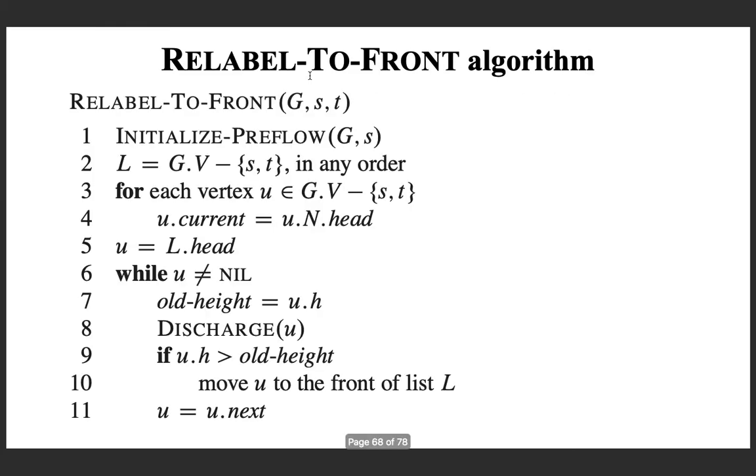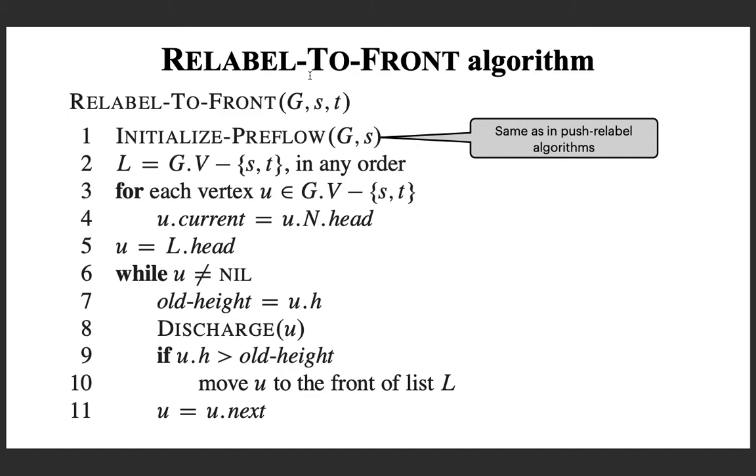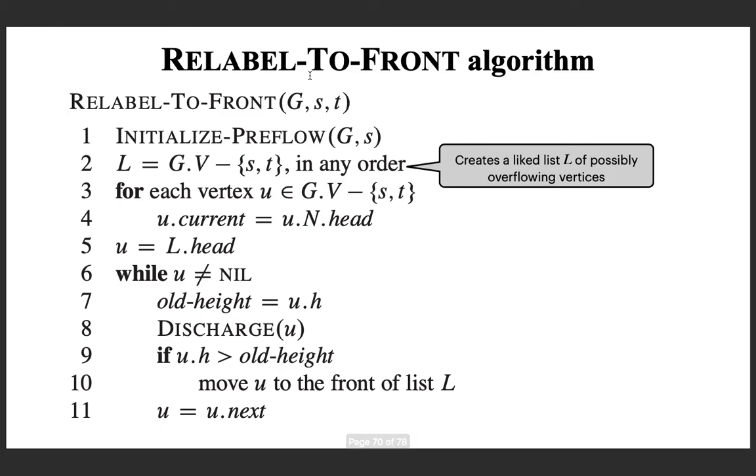Now, we can look at the relabel-to-front algorithm. And what is it doing? First, it initializes the preflow, the same subprocedure called from the basic push-relabel algorithm. So, same initialization, I hope you remember it. And after that, we need to make a linked list of overflowing vertices.